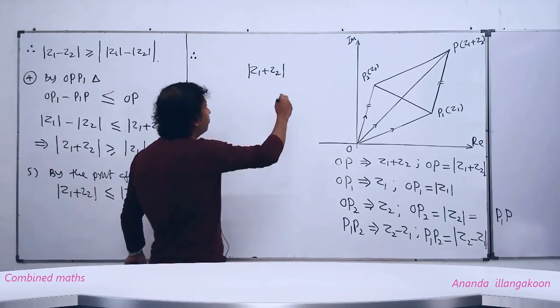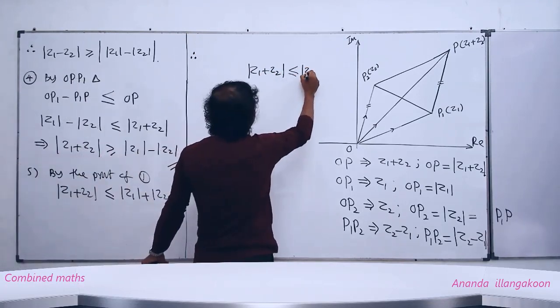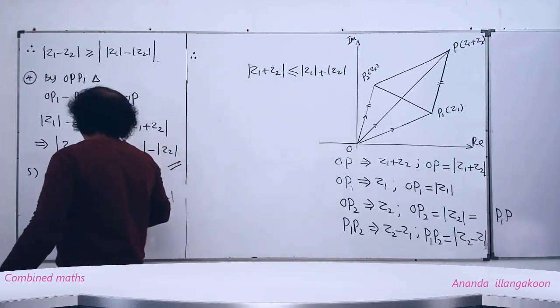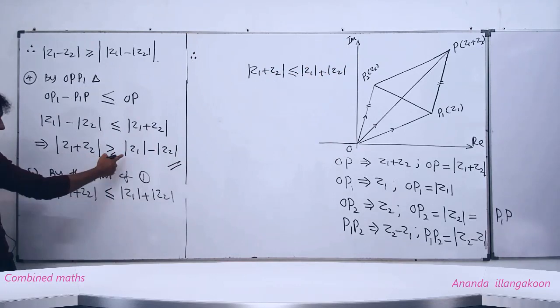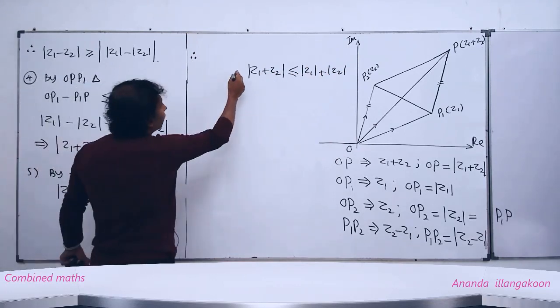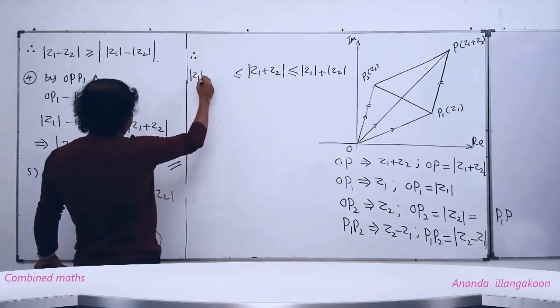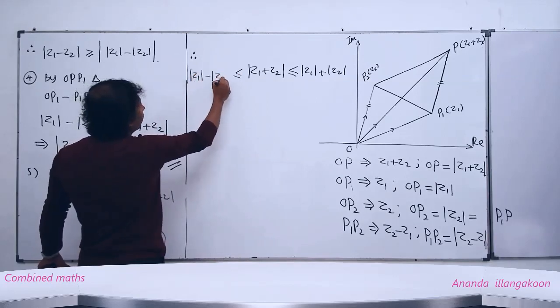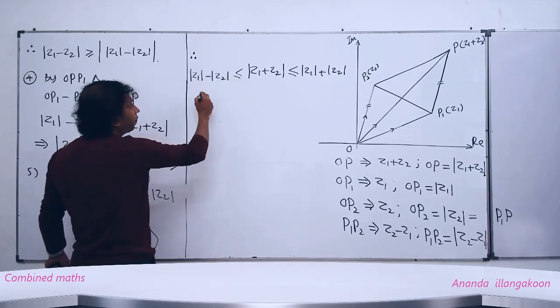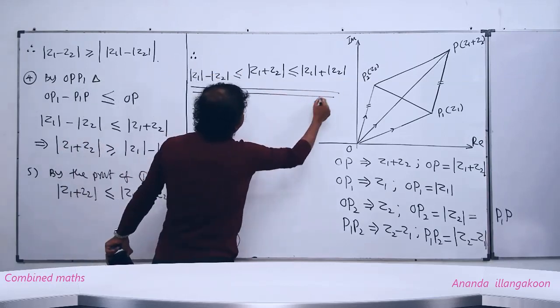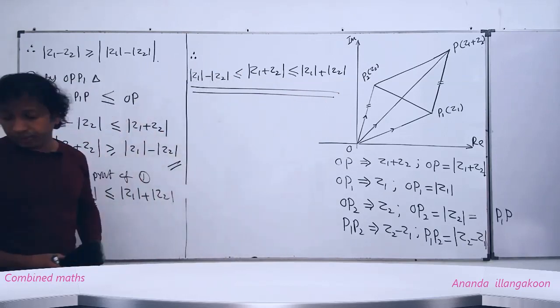By number 1 we proved that it is smaller than or equal to, and by number 4, people, we proved that it is greater than or equal to this. This is how we do this proof.